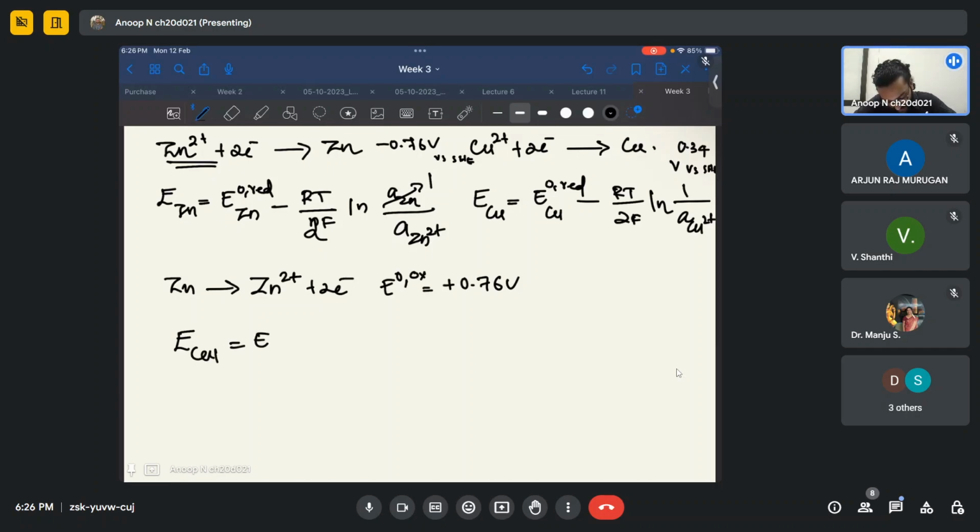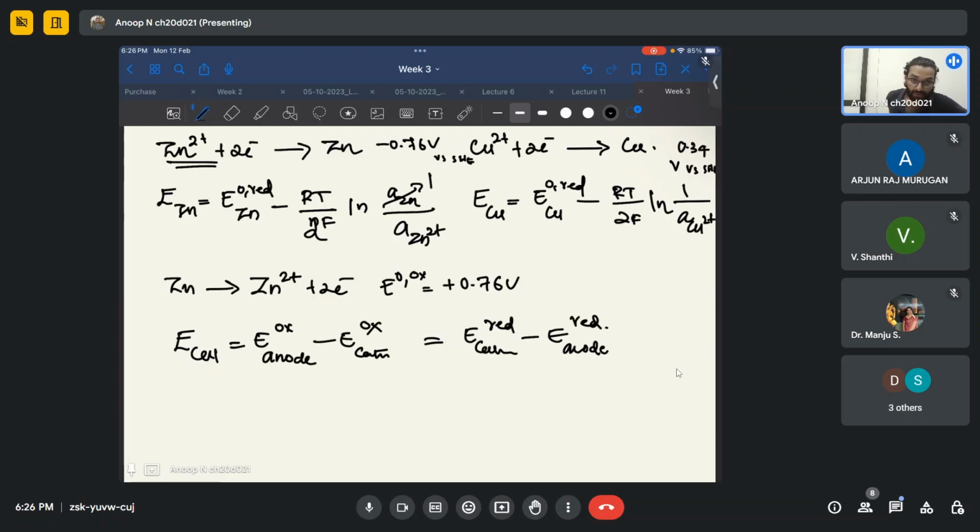It is equal to E anode oxidation minus E cathode if it is written in the oxidation form. If it is written in the reduction form, you have to write E cathode reduction form minus E anode reduction form. So this sign convention you have to take care very carefully.